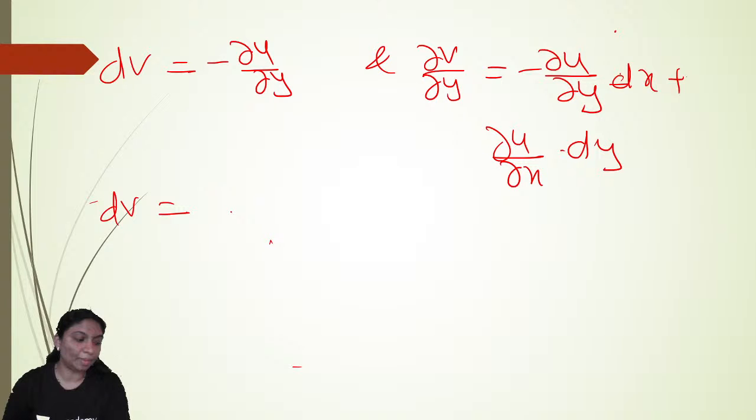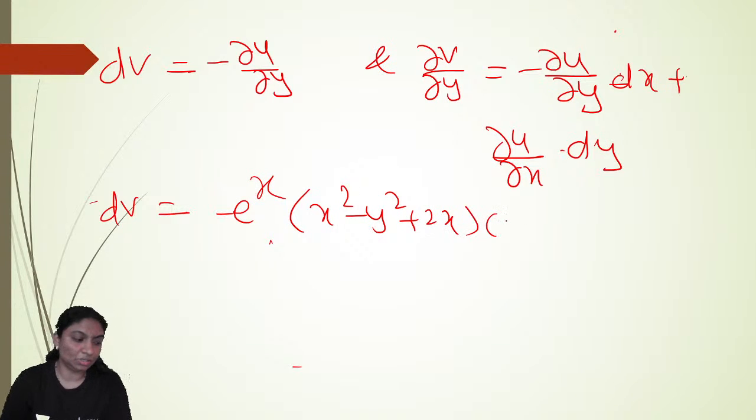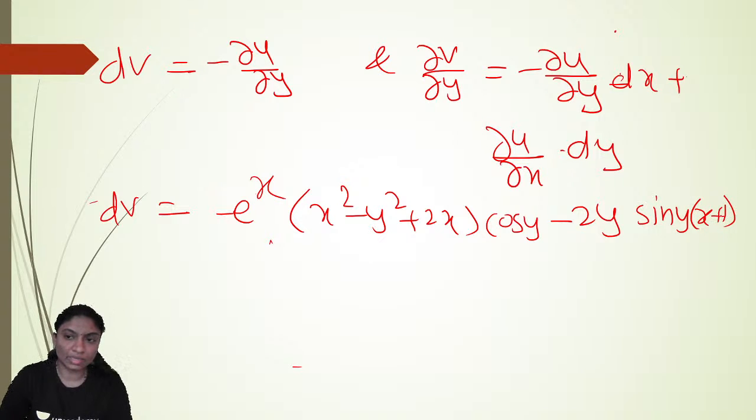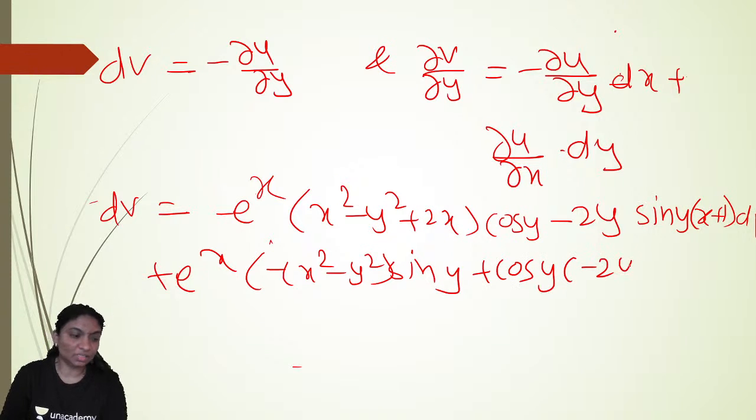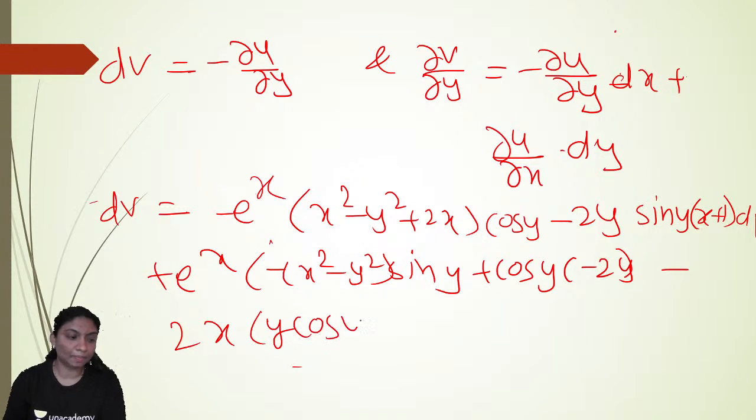So dv is equal to minus e^x (x² minus y² plus 2x) into cos y minus 2y sin y into bracket (x plus 1) into dx plus e^x into minus of (x² minus y²) into sin y plus cos y into minus 2y minus 2x into bracket (y cos y plus sin y) into dy.